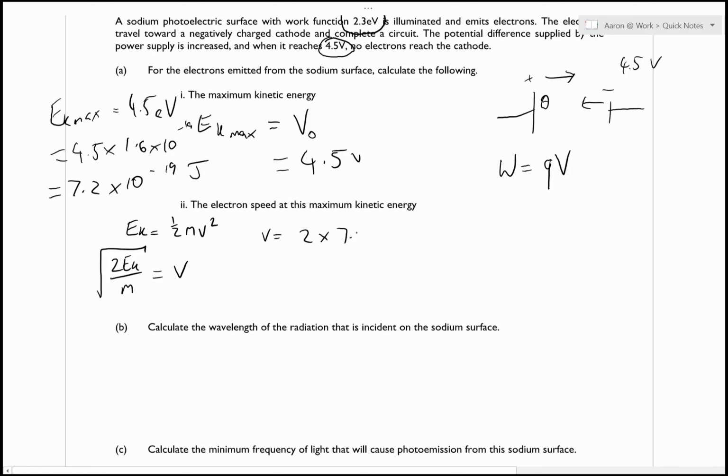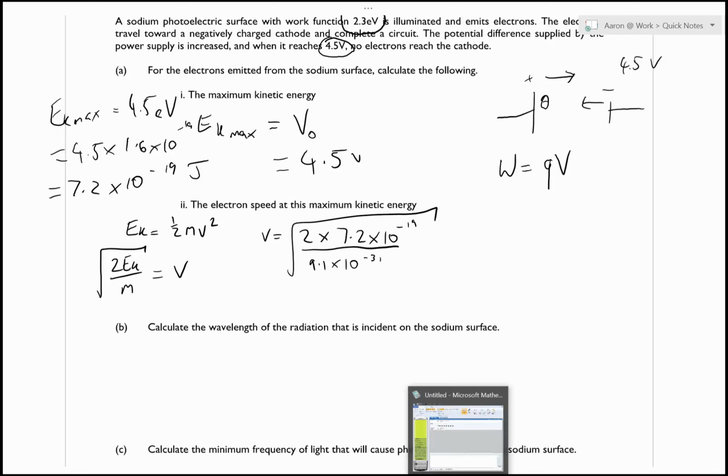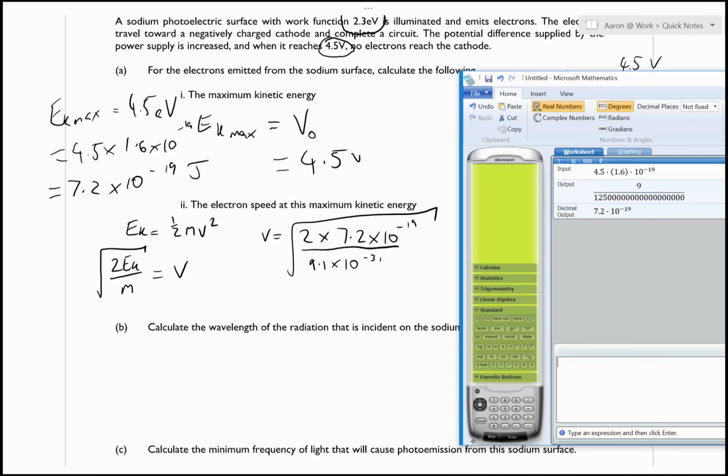Remember, if we're using the kinetic energy equation, this needs to be in joules. So 2 times 7.2 times 10 to the negative 19 over the mass of an electron, which is 9.1 times 10 to the negative 31. The square root of that whole thing will give us our speed at that kinetic energy.